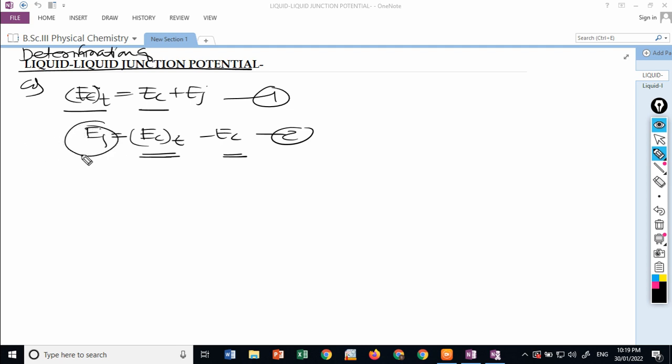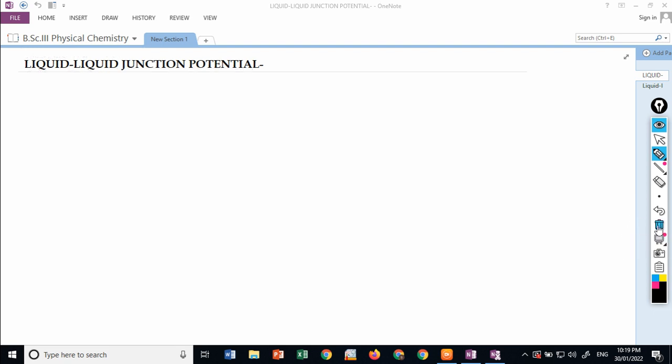We'll see one example. Let's take an electrolyte concentration cell with transference, reversible to the cation, that is H plus. We have seen its derivation.